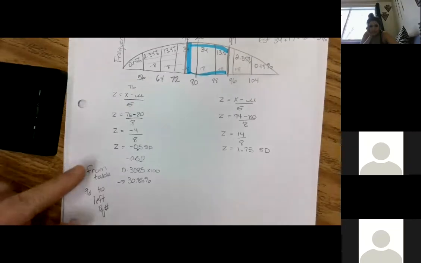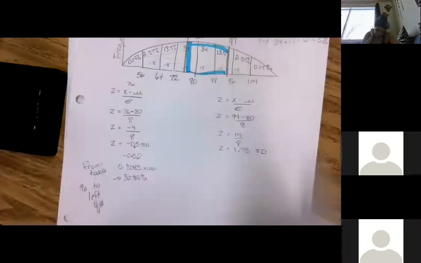Now 1.75 standard deviations. I'm going to stop for a little bit and let you guys look up the number.